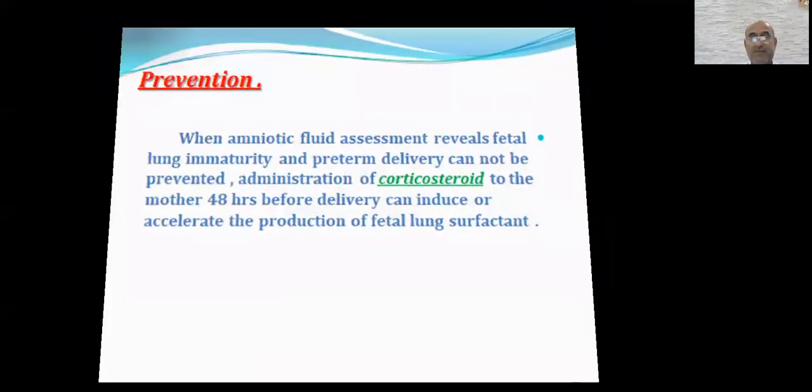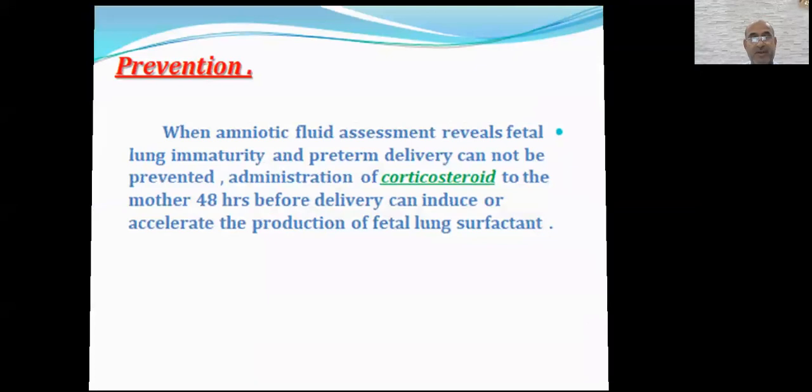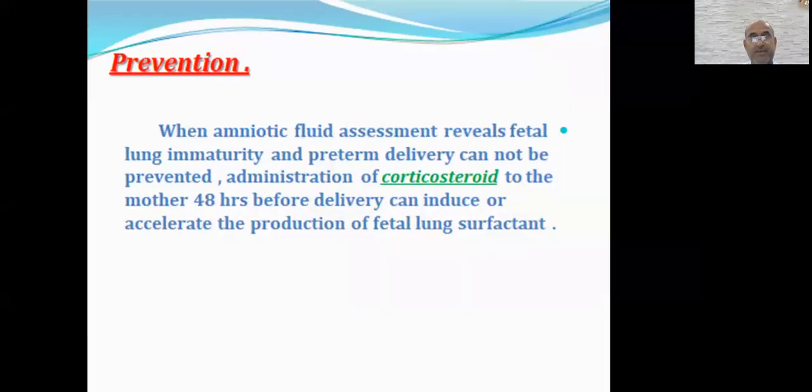Prevention. When amniotic fluid assessment reveals fetal lung immaturity and preterm labor cannot be prevented, of course, you can assess this by studying the lecithin to sphingomyelin ratio after aspiration of the amniotic fluid.